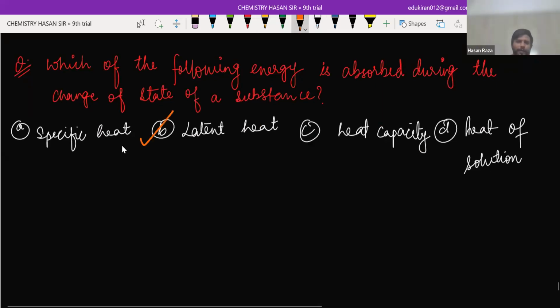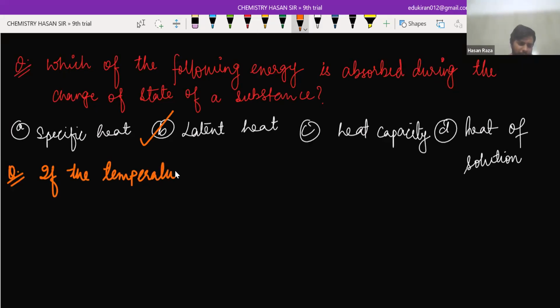Very good. Out of these four options, basically you have only studied latent heat, right? Yes. I was thinking of each scenario for each option. Okay, very good.